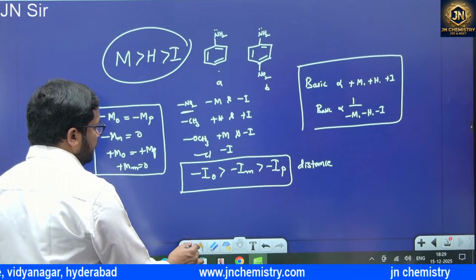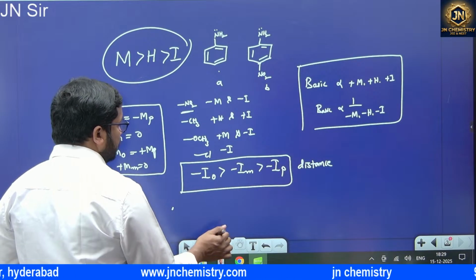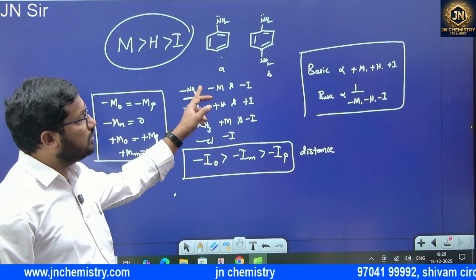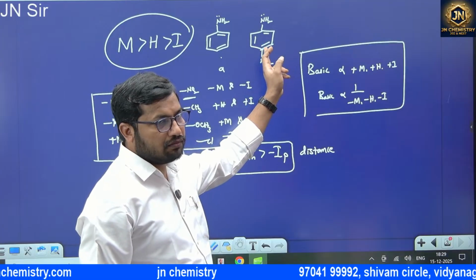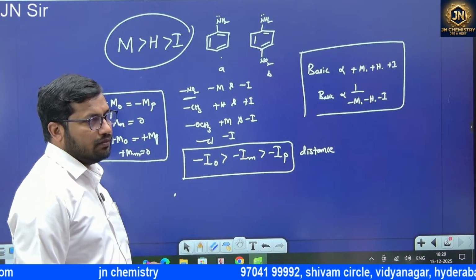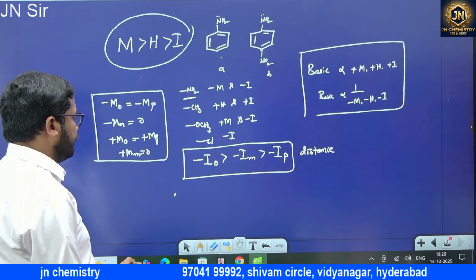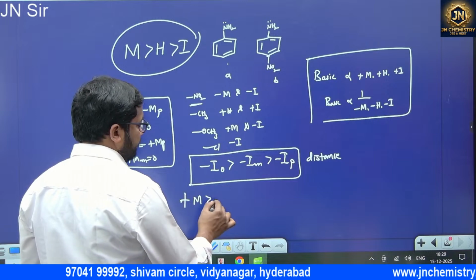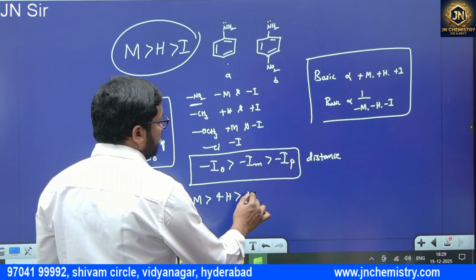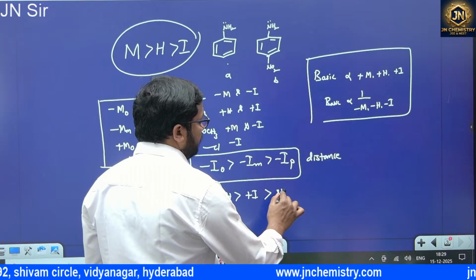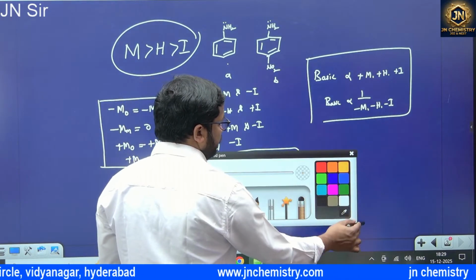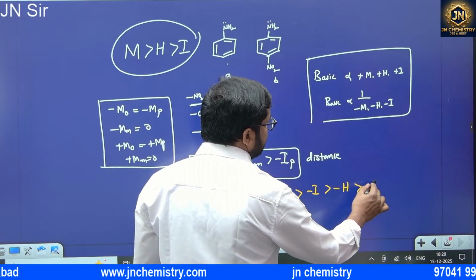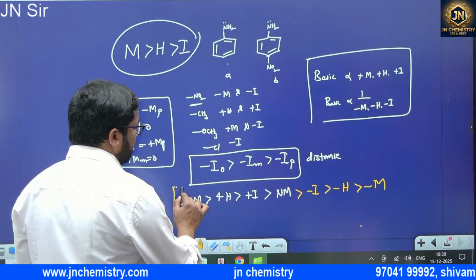NO2 is the nitro group. First we cross check with minus m, plus m, then plus H, then plus I, neutral molecule, then you go with minus I, then minus H, then minus M. This is the basic order which we need to follow.